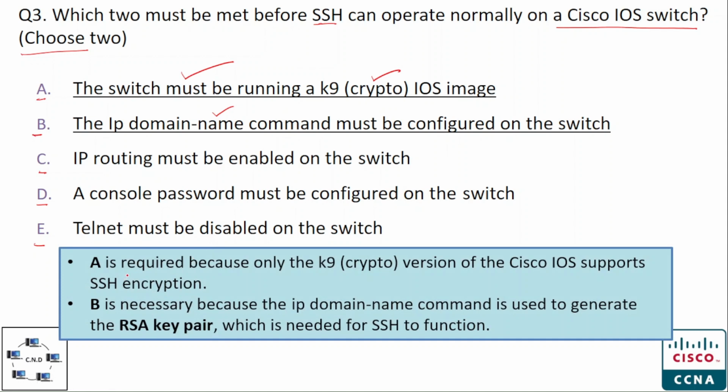Option A is correct because it is required, since only the K9, that is the crypto version of Cisco IOS, supports SSH encryption. And option B is necessary because the IP domain name command is used to generate the RSA key pair, which is needed for SSH to function.